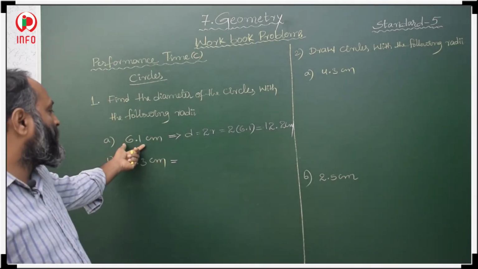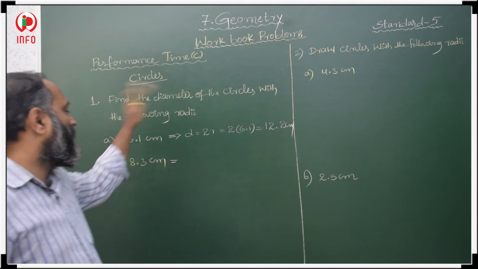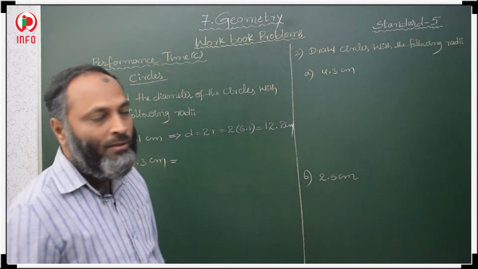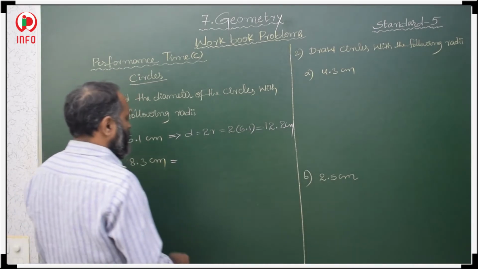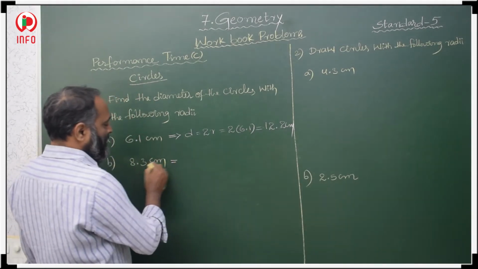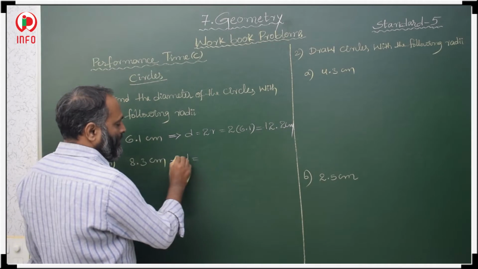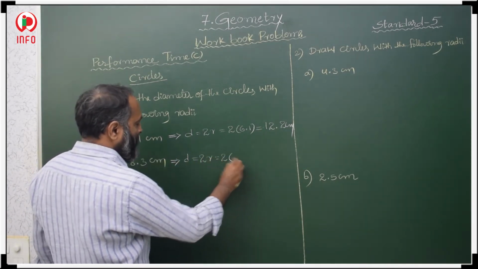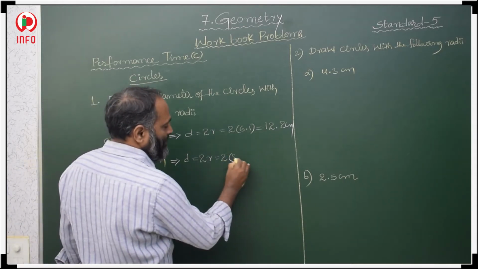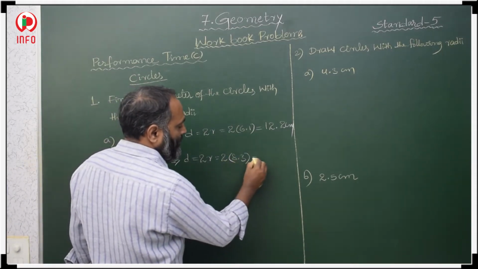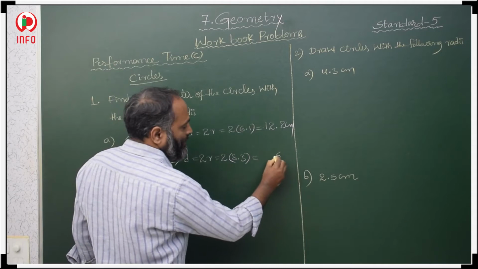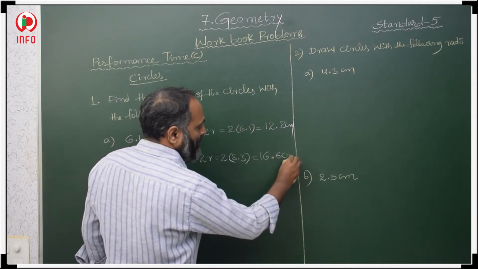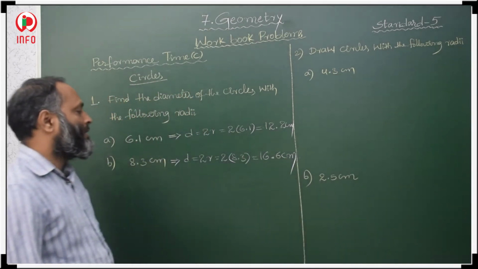If the radius is 6.1 centimeters, then double 6.1 is 12.2. Here also the radius is given, so diameter is equal to 2 times radius. 2 into the radius 8.3 centimeters: 2 threes are 6, 2 eights are 16, so 16.6 centimeters.